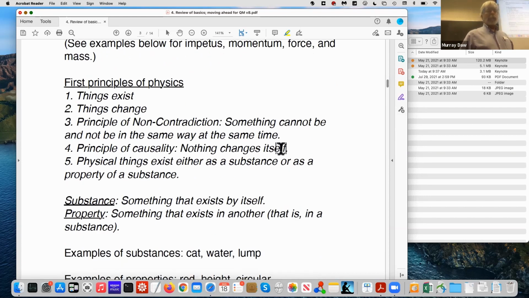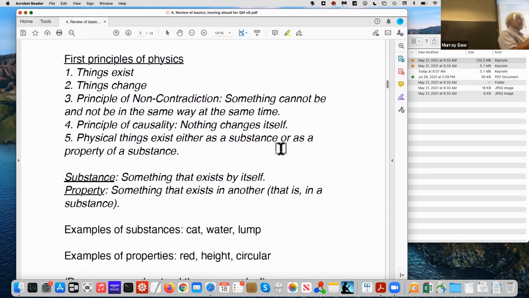Okay, so here are the first principles of physics. And in fact, they are the first principles of everything you know. Physics is the grounding. It's not the equational physics. That's not what I'm talking about here. It's the understanding of nature. Okay, the first principle. I can't prove any of these things to you. When I tell you what they mean, you'll say, oh yeah, right, I learned that when I was a child.